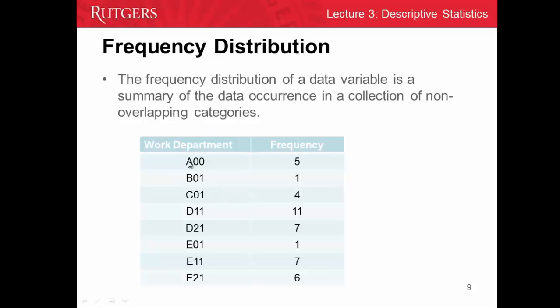We can see that for the work department A00, there are 5 employees. And for this work department B01, there is 1 employee.